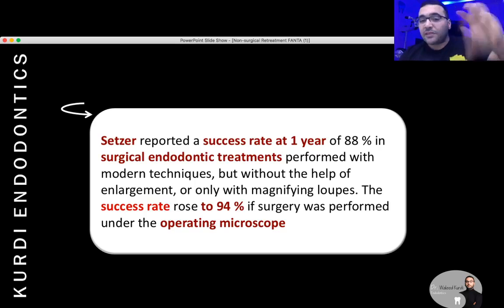This is evidence-based. I'm just telling you here that the operating microscope, using modern techniques and good magnification and illumination like this microscope behind me, will be very good for you to have a higher success rate in your clinic.